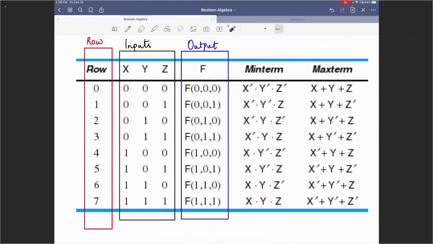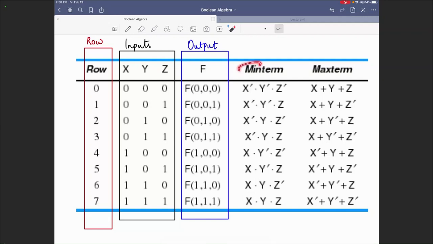At most 8 max terms, that would happen if everything over here, sorry, in the F column was 0, which means it has all 8 max terms. And if everything over here is 1, 8 ones, that would mean the number of min terms is going to be 8. You're absolutely right. Those are the maximum min terms or max terms.